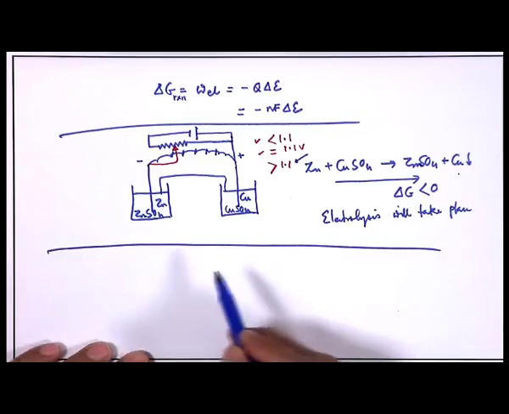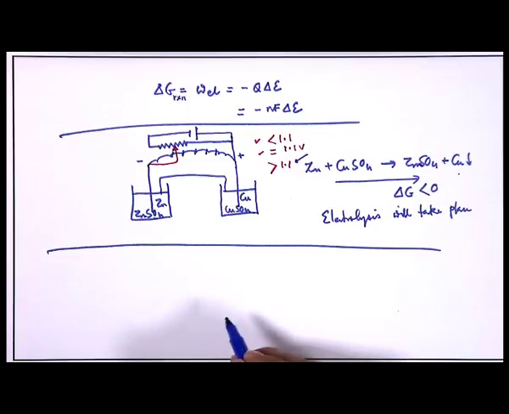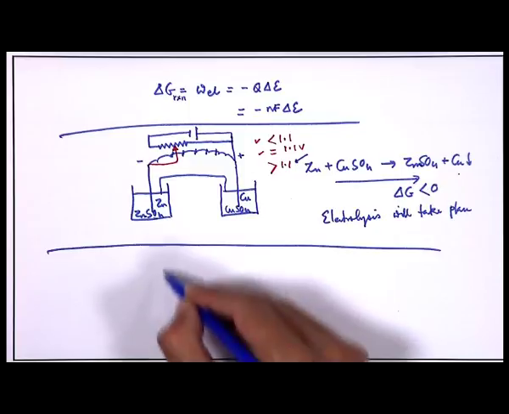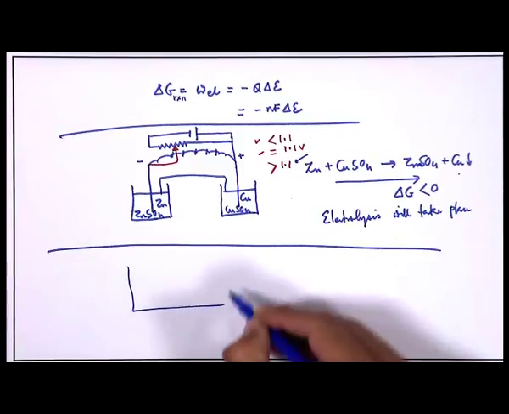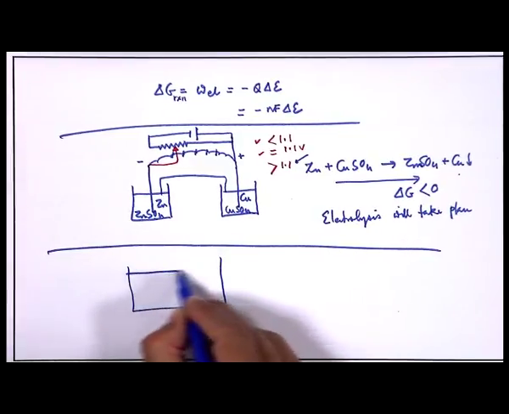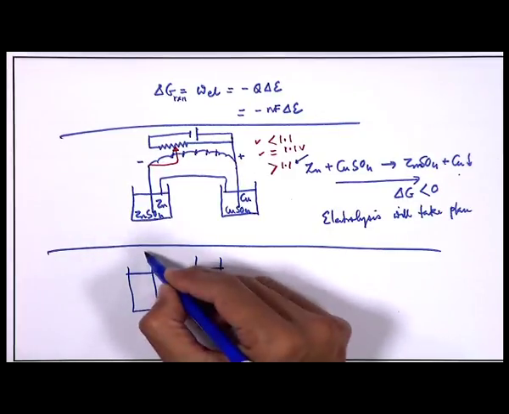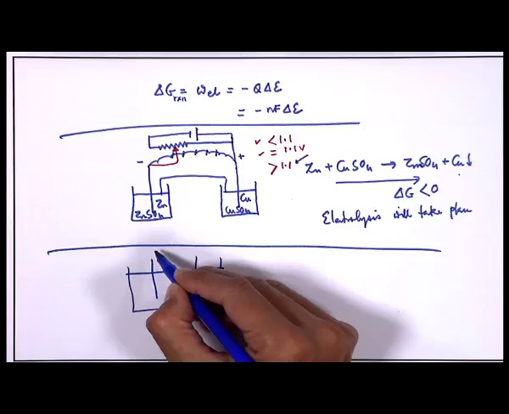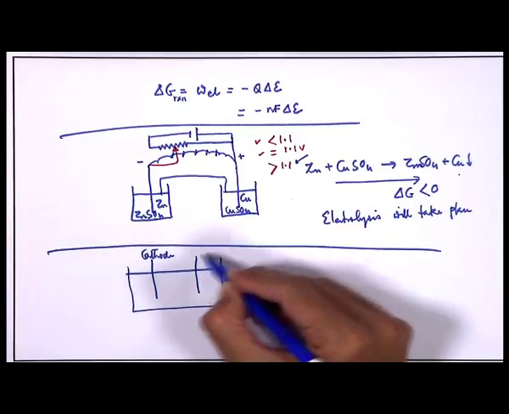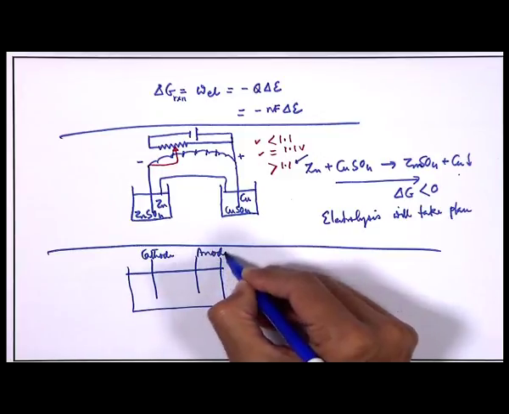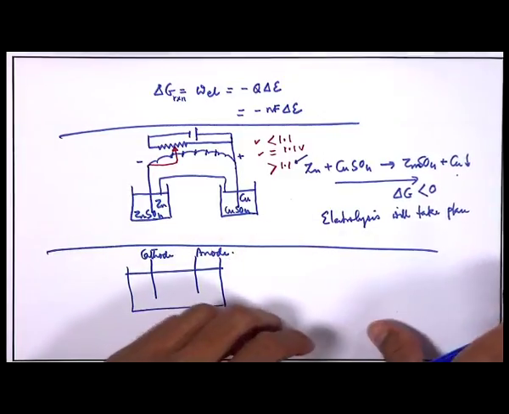Let us take the example of electrolysis of water. Okay. So, in the case of electrolysis, you have two electrodes. One is the cathode and another is the anode.